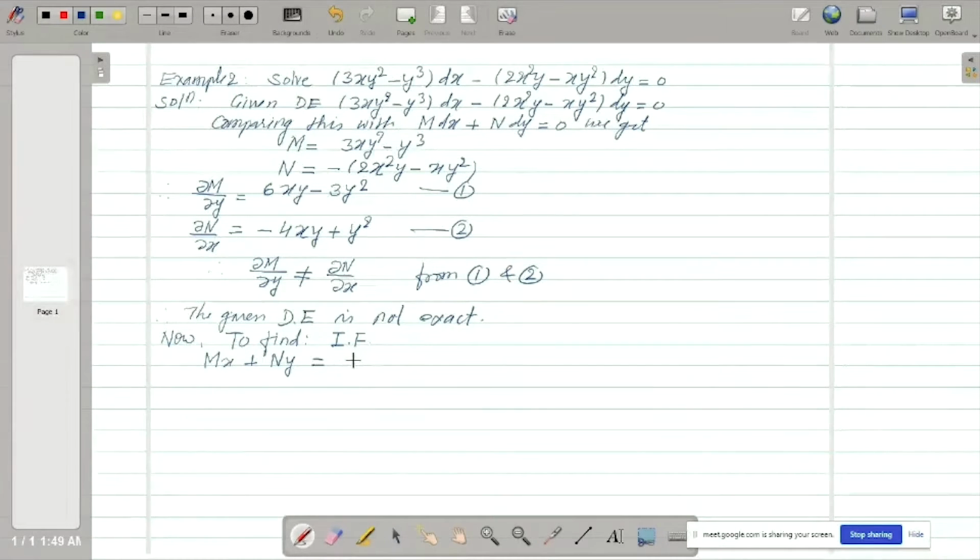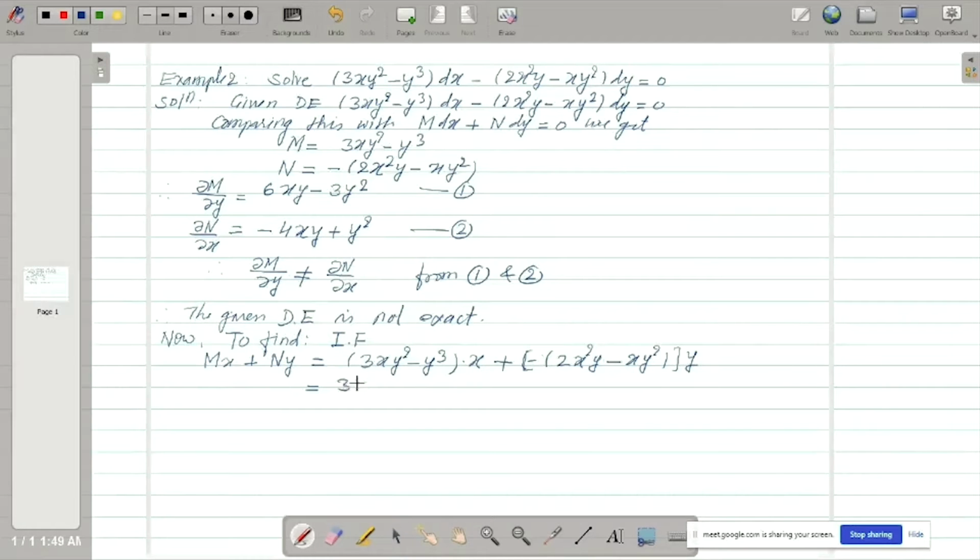So our M is 3xy² − y³, multiplied by x, and plus N. N is minus (2x²y − xy²), multiplied by y. Just simplify this first.